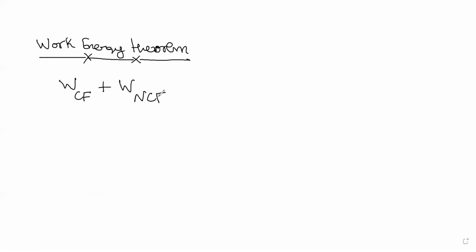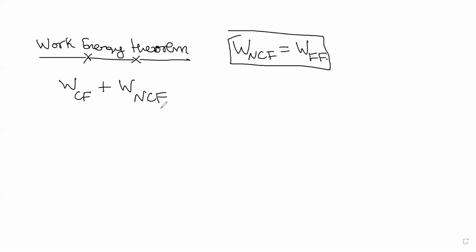Why? Because they are not given the force. So what we have to do is work done by the conservative force plus work done by the non-conservative force. That non-conservative force is nothing but our frictional force. What is the conservative force?